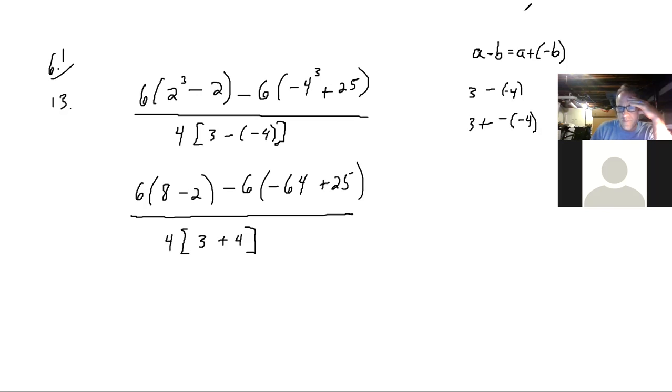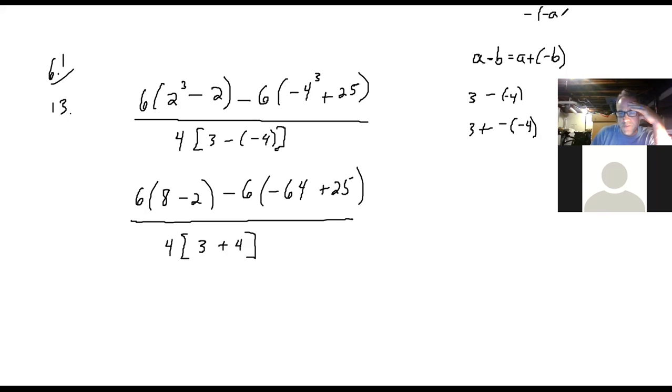And then I just boil this down to what we call our double negation rule. The upshot is that if I have minus and negative, it's addition.